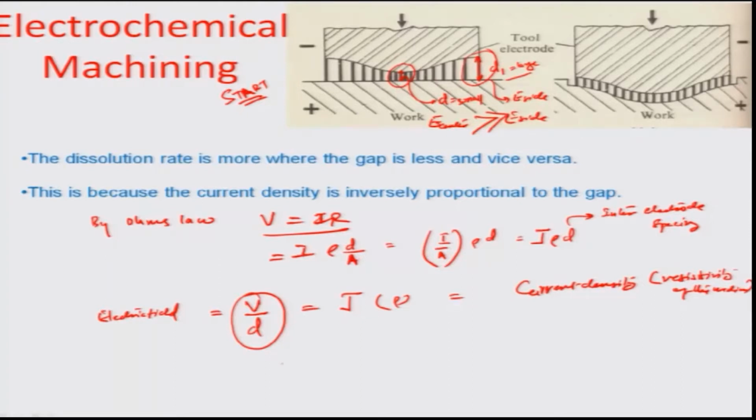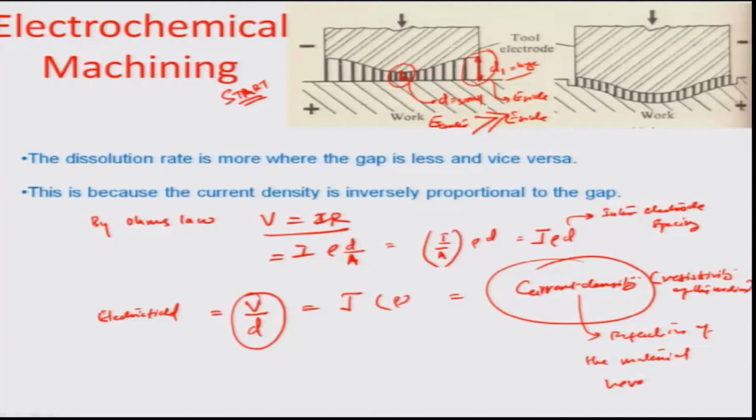So obviously the current density, which is also reflective of the material removal, would actually be higher at the center.